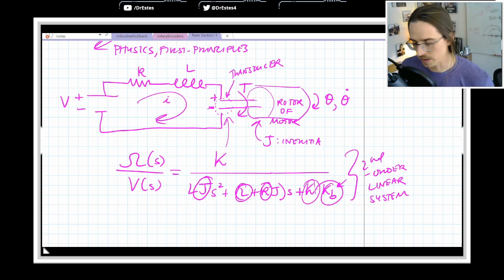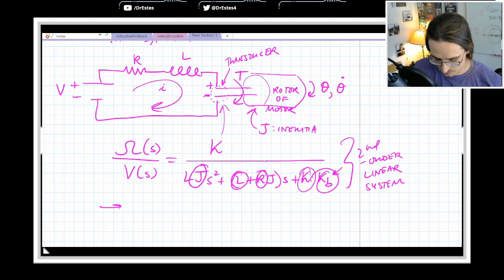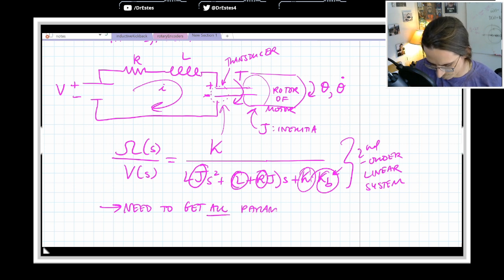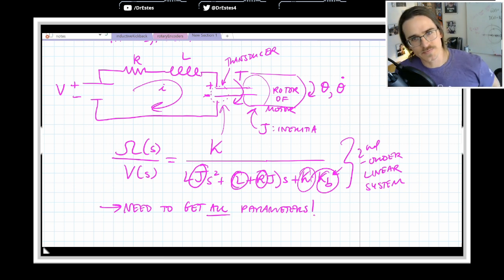So the point is, if you want to use this type of model for this motor, you have to get all of the parameters in this model. And they're not easy to get.